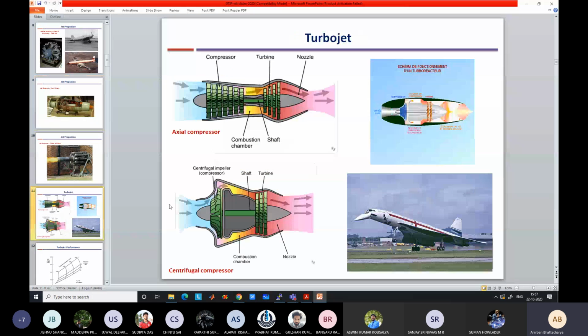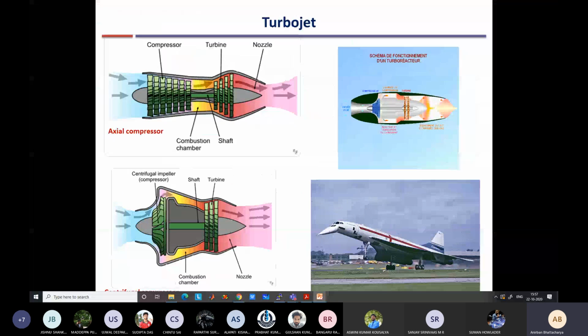We are going to start with the turbojet engines, and then we will go into analysis of the turbofan, which evolved after a couple of decades, and then the turboprop, which also evolved, but is used for a different set of low speed applications. These three are the main aircraft engines which are still being used nowadays.